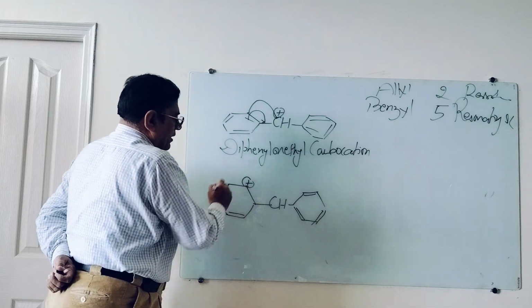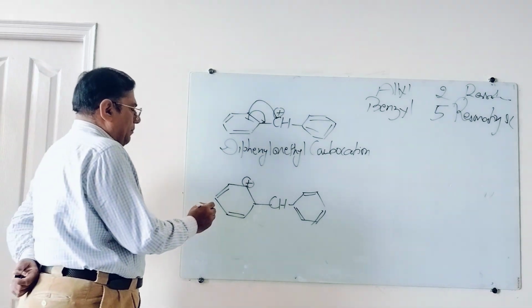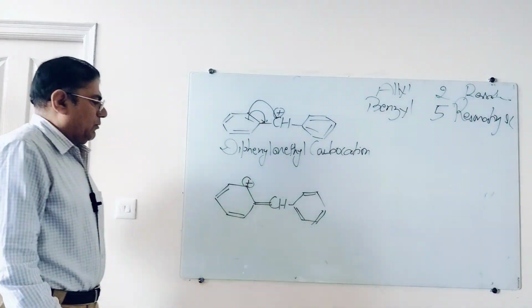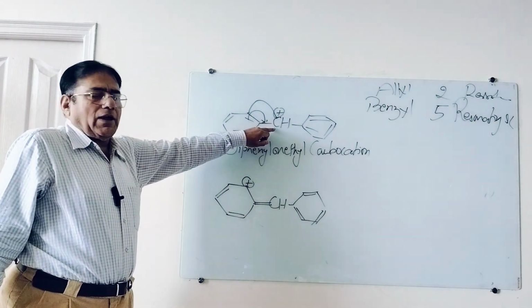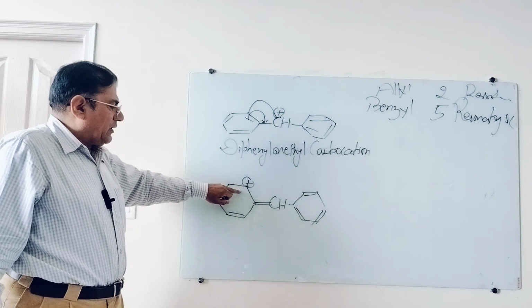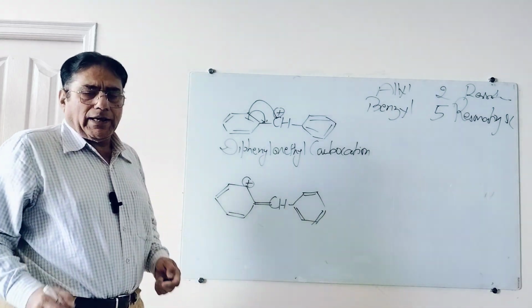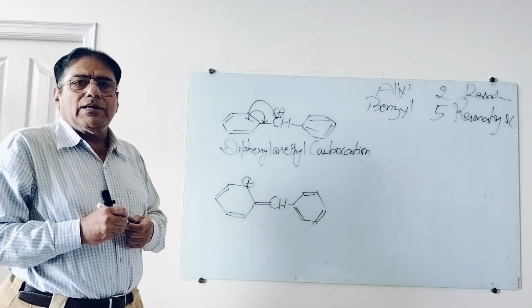This positive charge will come to this place. And what will happen? This double bond is moved here. This will become double bonded. So this carbon, which was positively charged in diphenyl methyl, due to delocalization of positive charge inside the benzene ring, becomes neutral. So I can say due to delocalization, stability will increase.